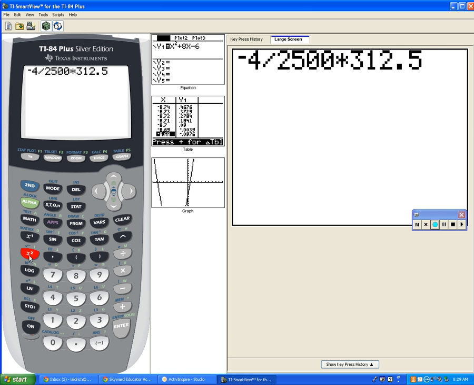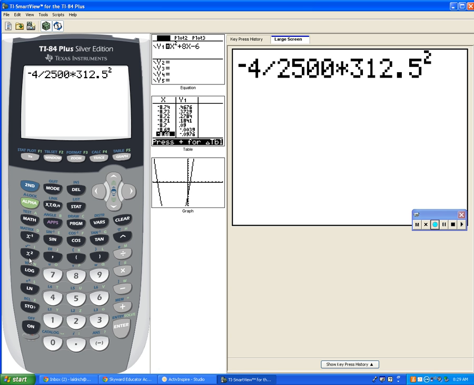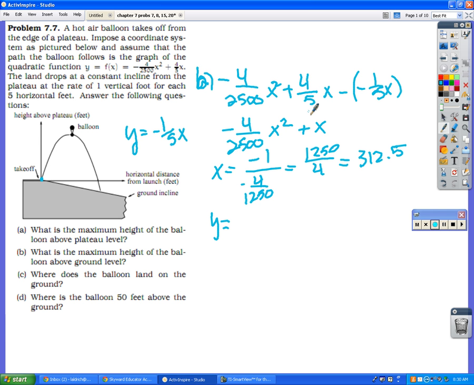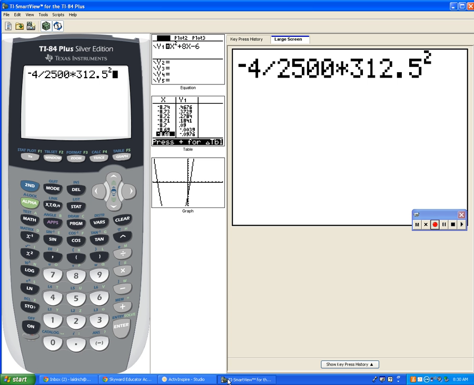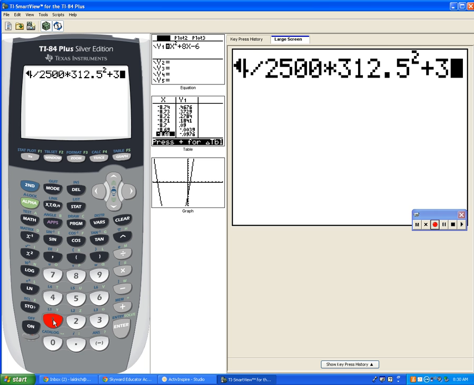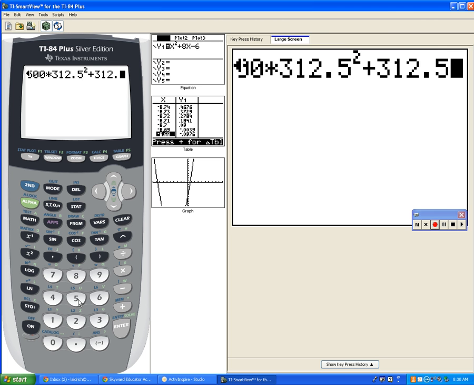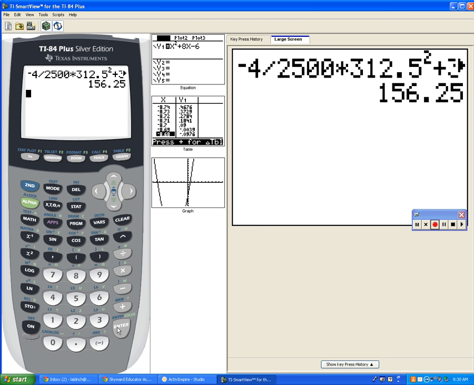Oh, yeah, thank you. All right, plus x, with the original. We're still doing this equation right here. Okay, so plus 312.5. Okay, so the maximum height the balloon will be above the ground is 156.25 feet.